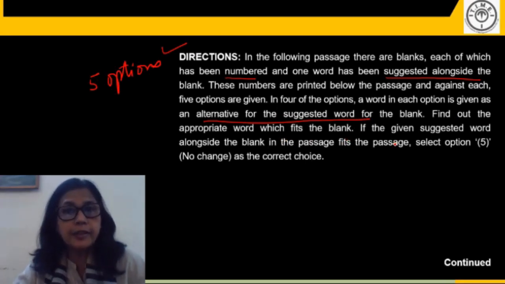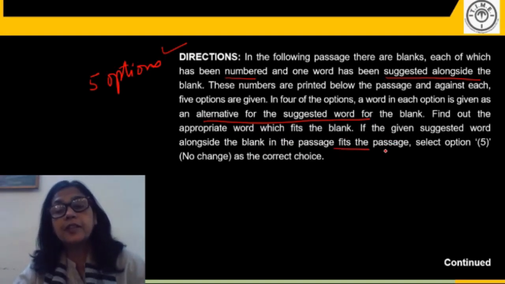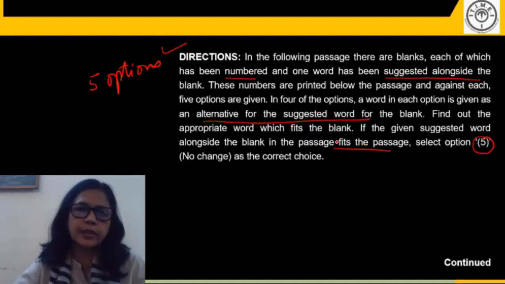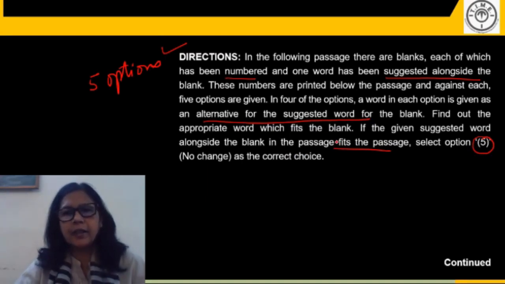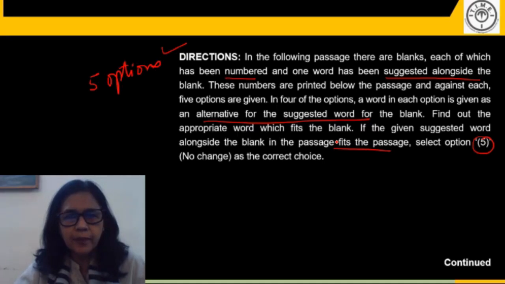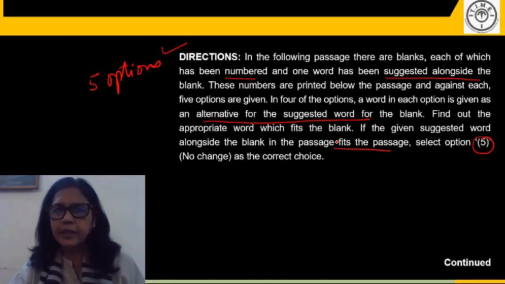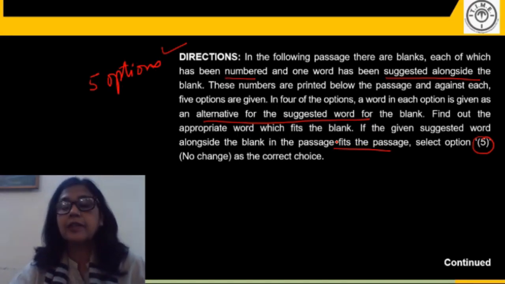If the given suggested word alongside the blank in the passage fits the passage, then option 5 is your answer. That means no change. The word that is already given there alongside the blank, according to you, is the best word for that particular sentence that fits into the paragraph, in the context of the paragraph, right?